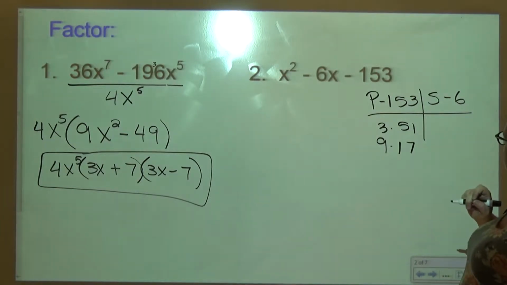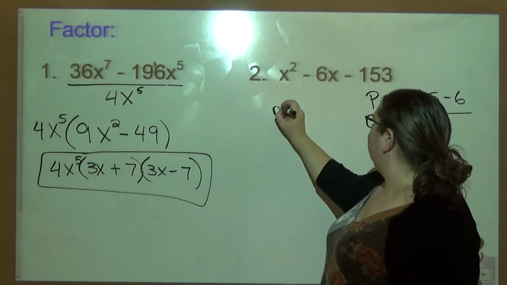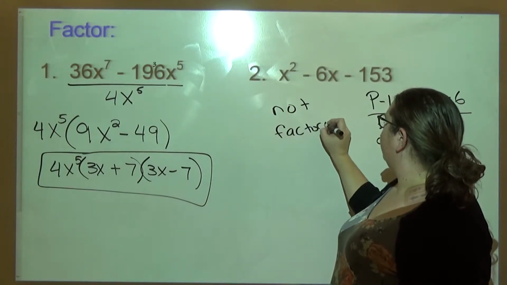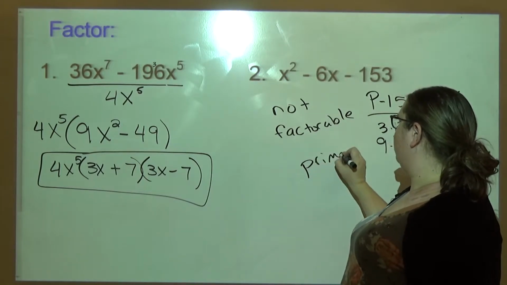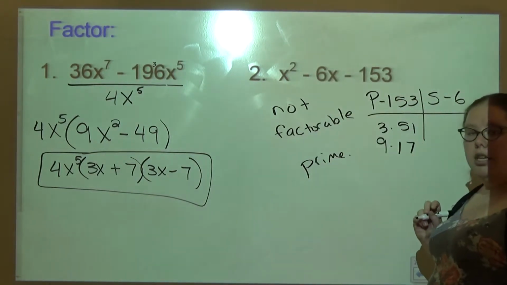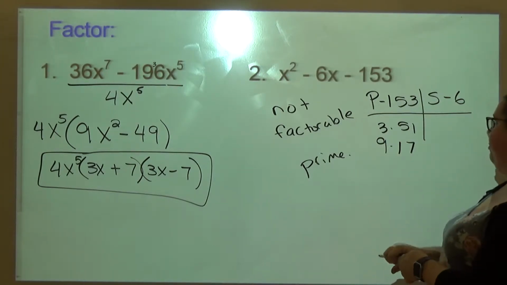Unless I did it wrong. Yeah, I think this was supposed to be an 8. So this was actually not factorable. Or some teachers have you put prime. I think I meant for that to be an 8 for this to work. But the chart showed me that that was what's going to happen.